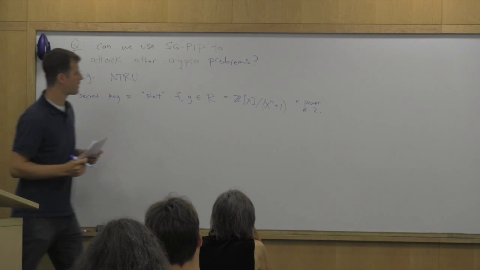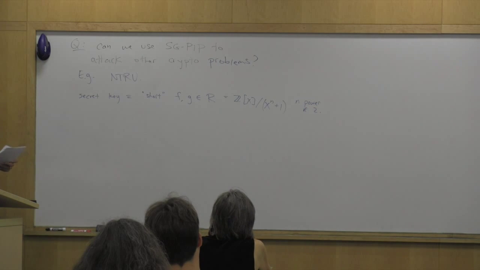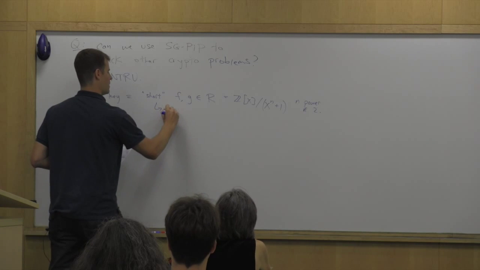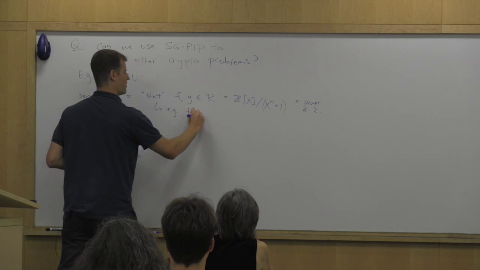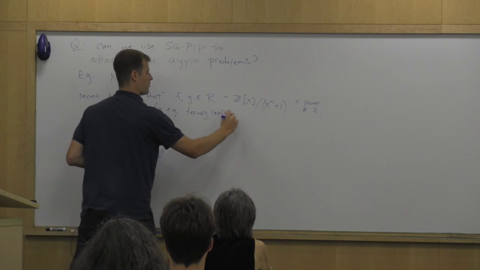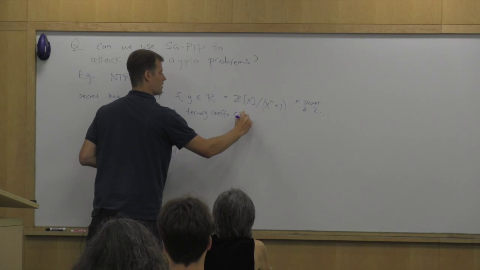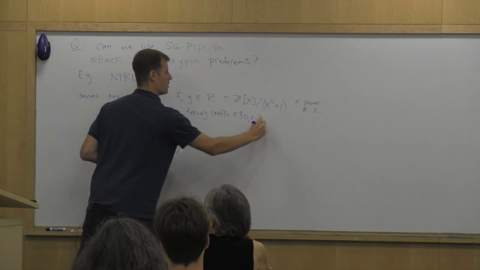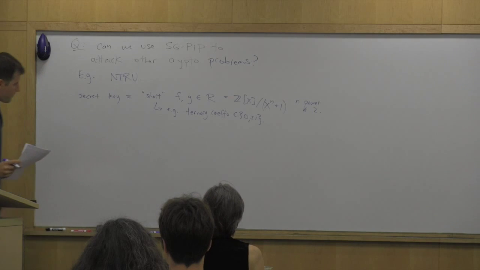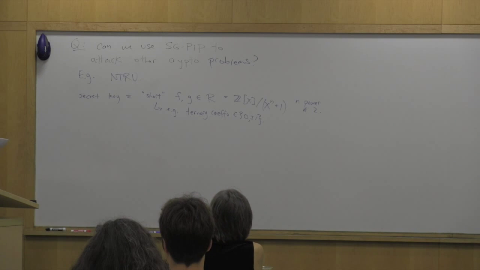For example, this is a common choice. And by short, I mean they may have ternary coefficients in 0, plus or minus 1, something like this. Or you could take them to be larger if you like, for more security.